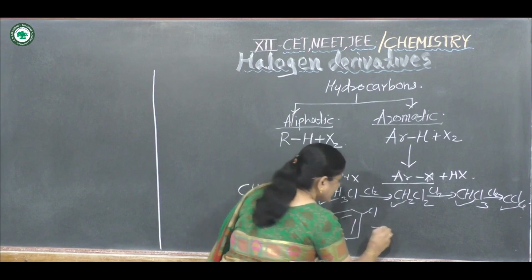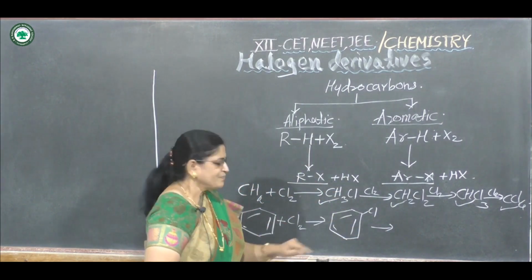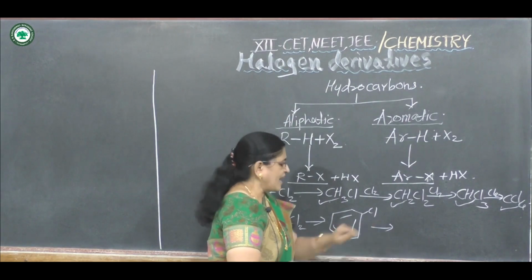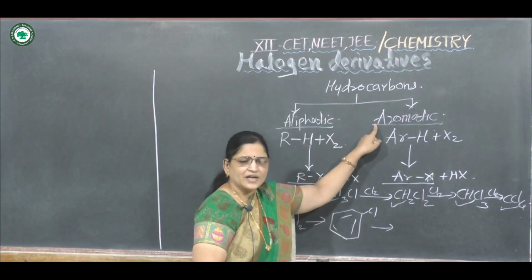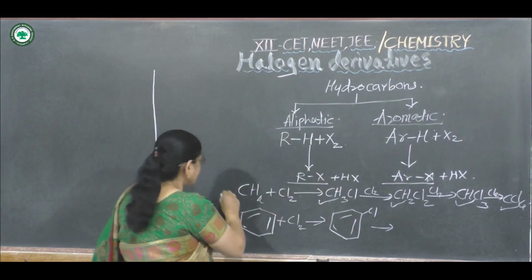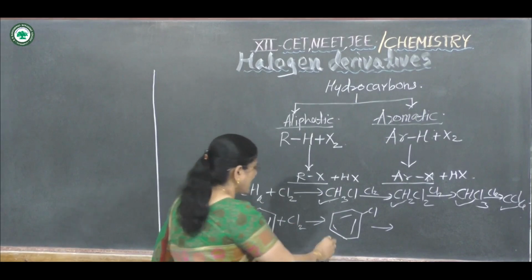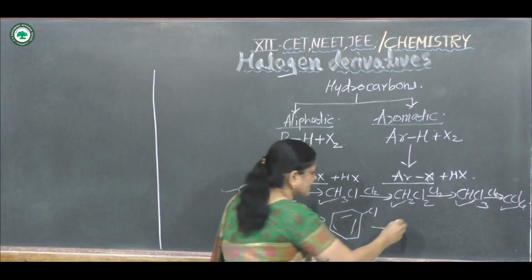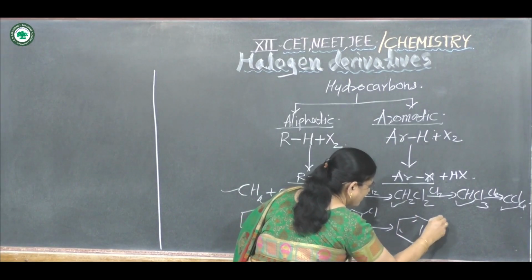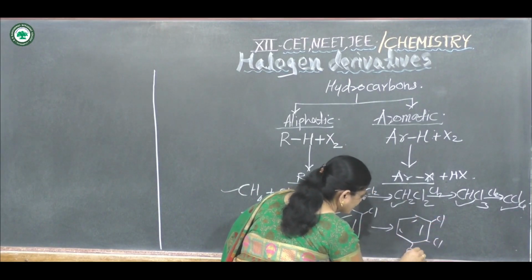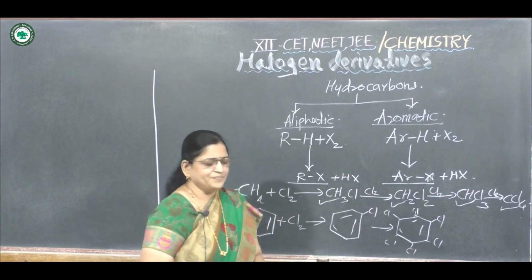In this way, it also replaces one by one all these hydrogen atoms by halogen atoms and forms halogen derivatives of aromatic compounds. These are called halogen derivatives of aliphatic compounds and these are called aromatic halogen derivatives of aromatic compounds.